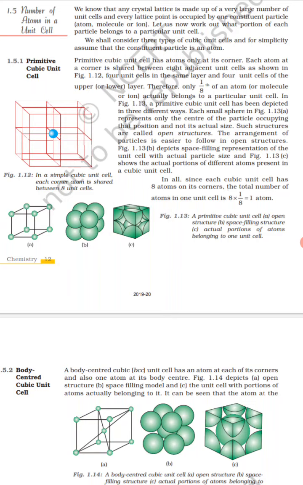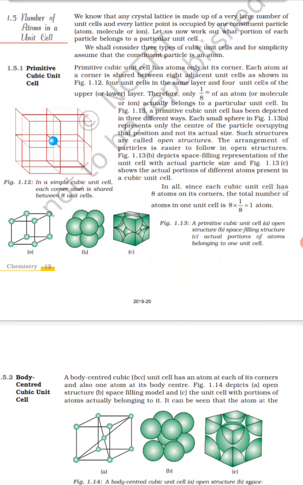Let us take a particle which is present at the vertex of a unit cell. It can be compared with a brick which is present at the corner of a room.